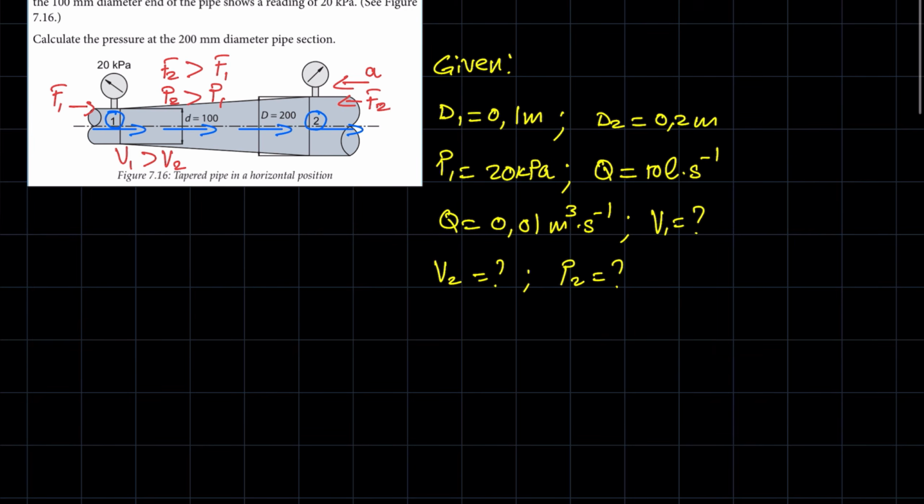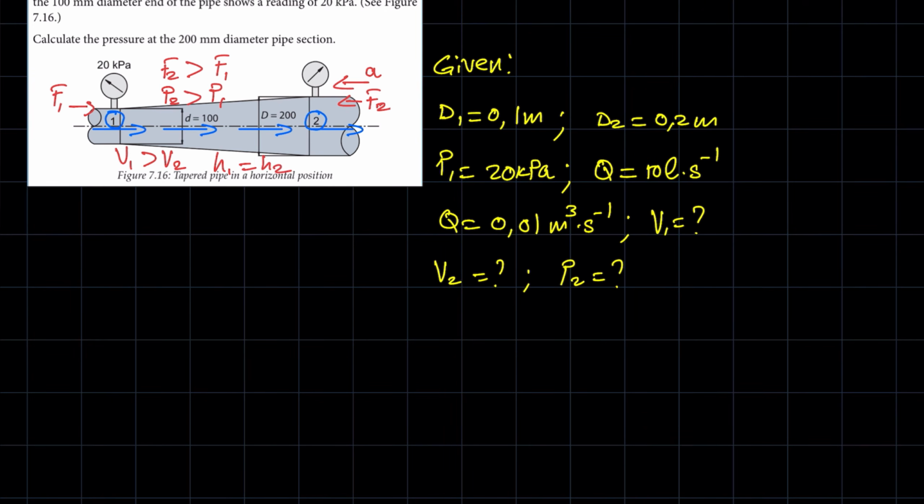As we've established, we don't have the velocities for either of the sections in the horizontal tapered pipe. As far as height, for a horizontal pipe, H1 will be equal to H2.